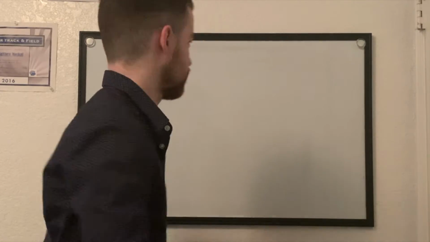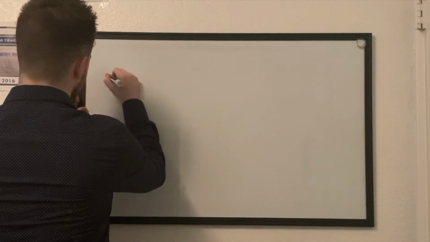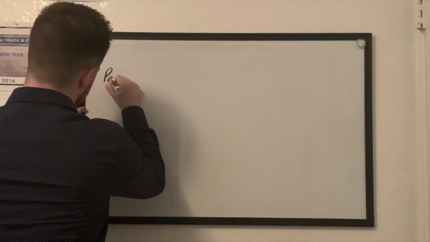Another important property of moment generating functions is a theorem I'm about to list right here. I'll write it down and then I'll talk about it. Or it's a property rather than a theorem.